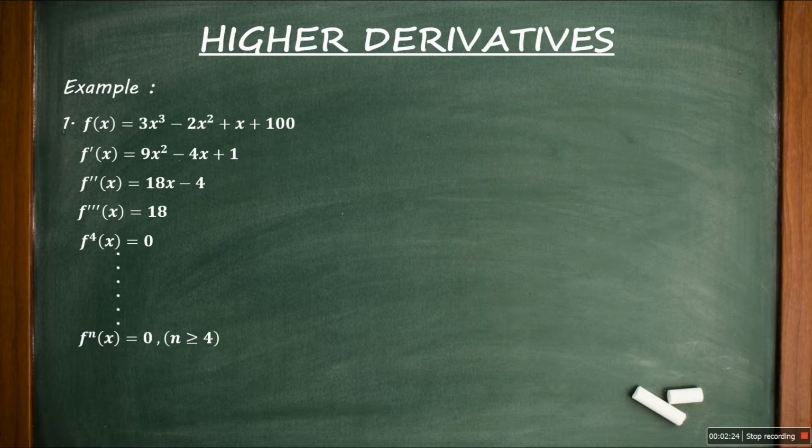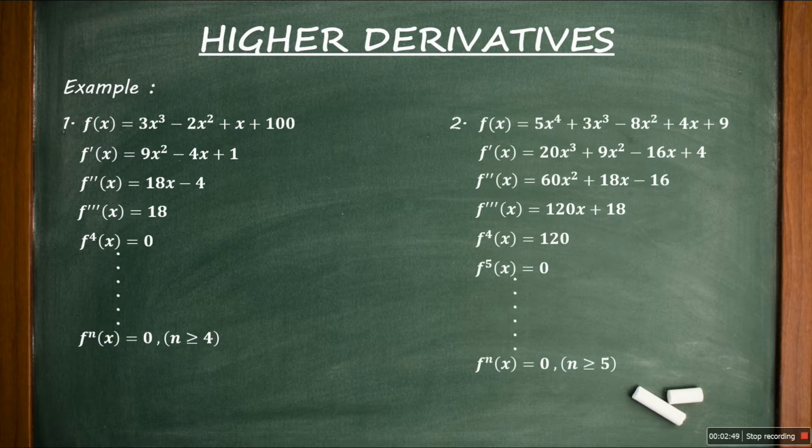At the fourth derivative we will only get 0 since the third derivative doesn't have any unknowns or differentiability to undergo a higher derivative. So we can conclude that when n is greater than or equal to 4, the higher derivative of the function will only give us 0.